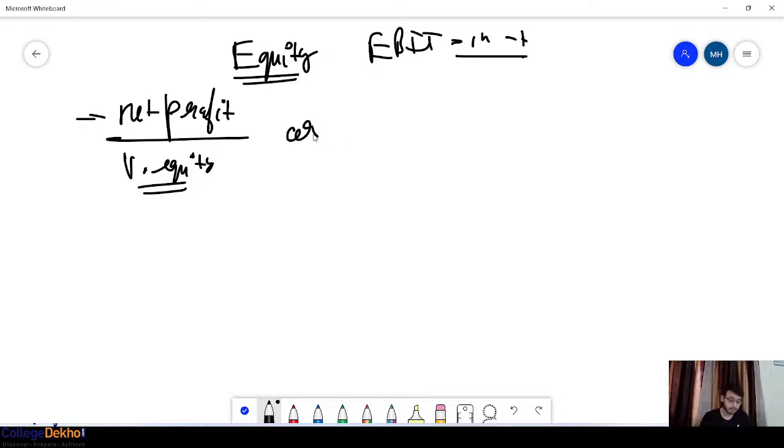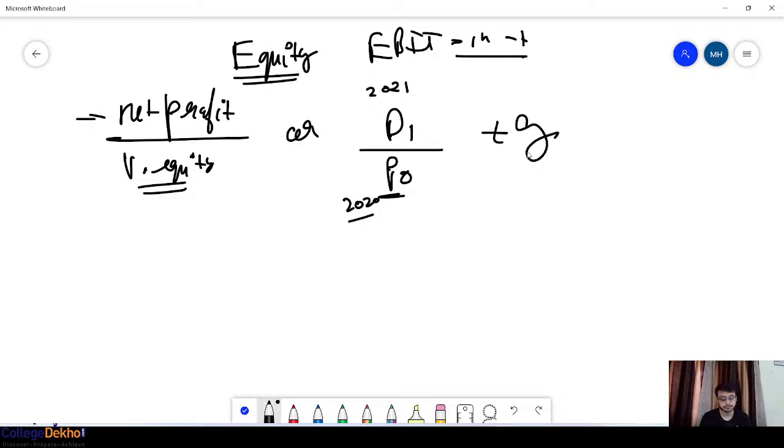The second method by which you can calculate the cost of equity is your dividend. कितना पे करा है in the first year divided by your current share price year 0 मतलब 2020 की अगर हम बात कर रहे हैं 2021 plus your growth rate. And how to calculate D1?